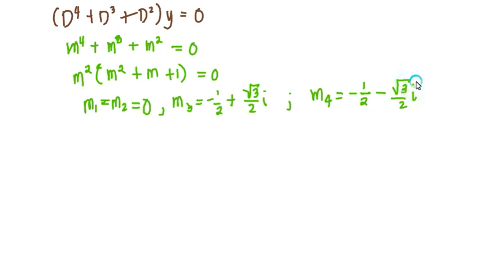So, kung tanawon naton, we have repeated roots. That is case number 2. And we have your conjugate complex numbers. Therefore, this is case number 3. May duwa ka case. Case number 2, case number 3.